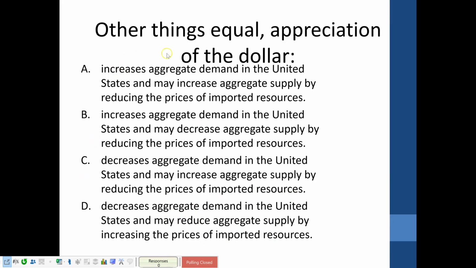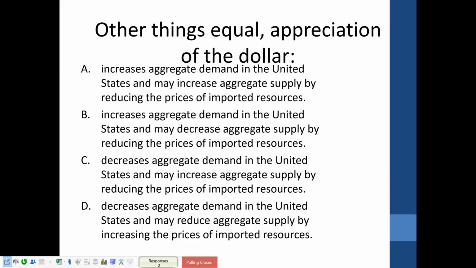Now the question is, how does appreciation of dollar change the demand? A quick review of what we learned before. Whenever the dollar is getting expensive, it discourages foreigners and domestic people from buying domestically.